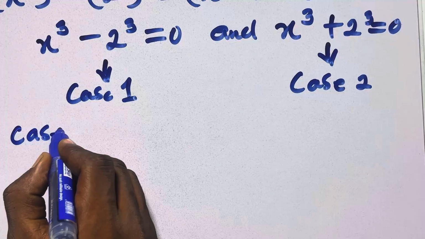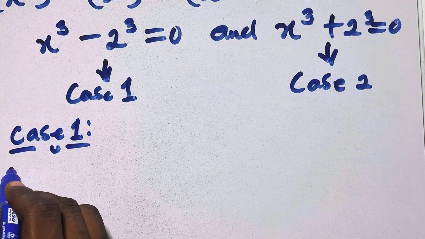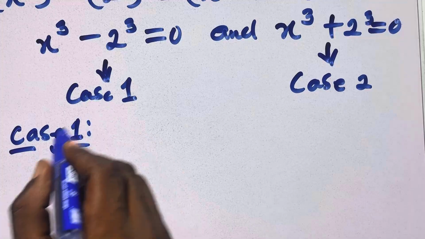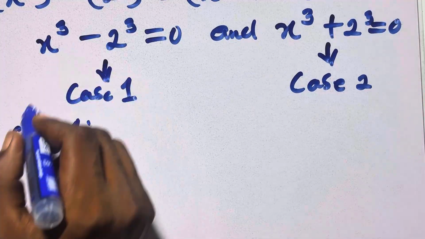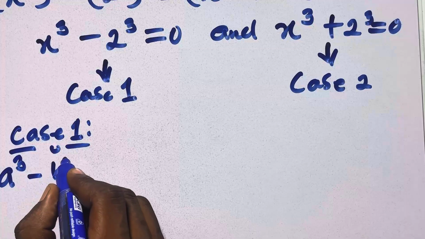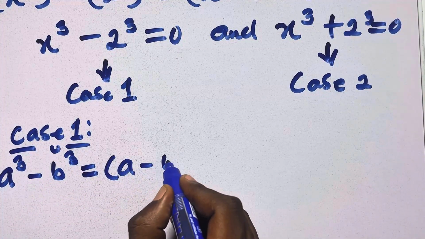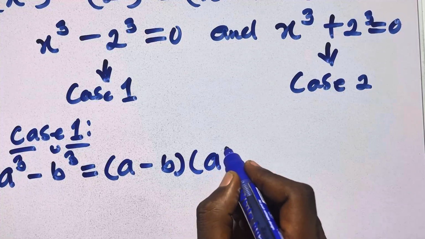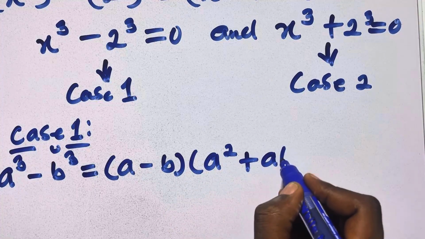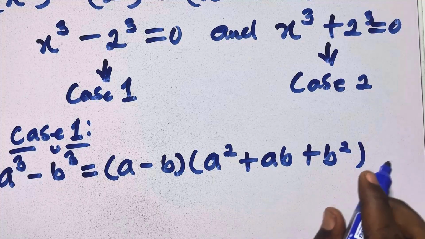For case 1, let's say we have a raised to the power 3 minus b raised to the power 3. This expression is equal to a minus b, then a squared plus ab plus b squared.